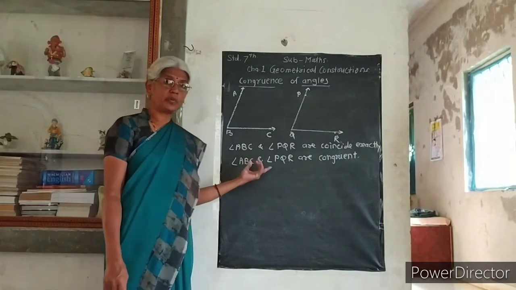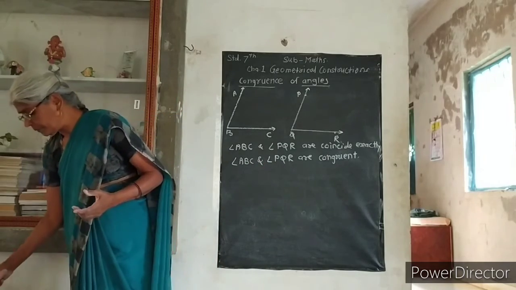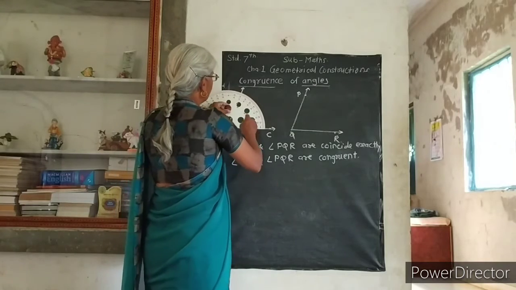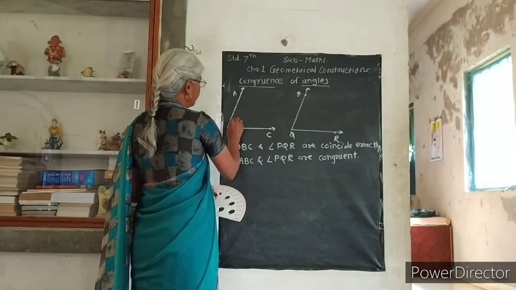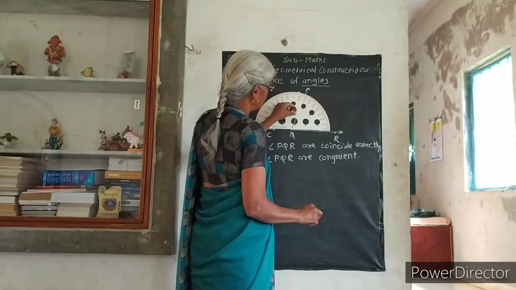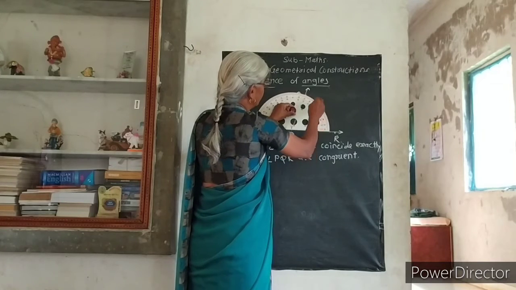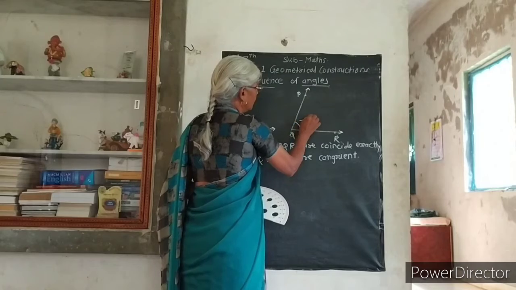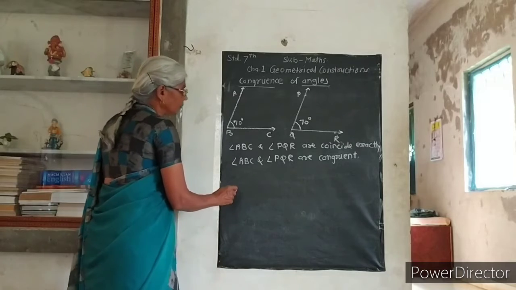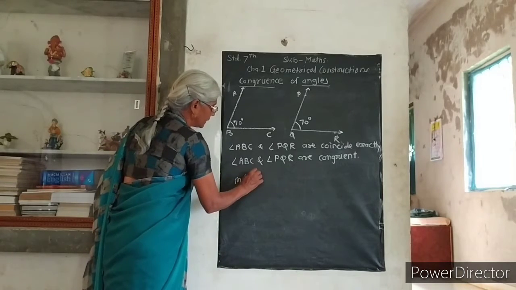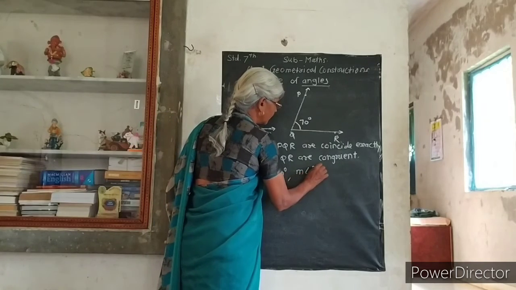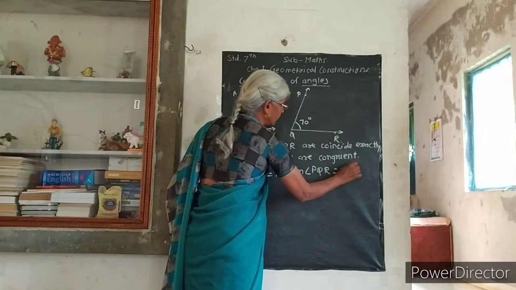When the two angles are congruent, measure angle B with the help of a protractor, that is 70 degrees, and measure angle PQR, means angle Q, with a protractor, and observe that the measure of PQR is 70 degrees. Measure of angle ABC is equal to 70 degrees and measure of angle PQR is equal to 70 degrees.